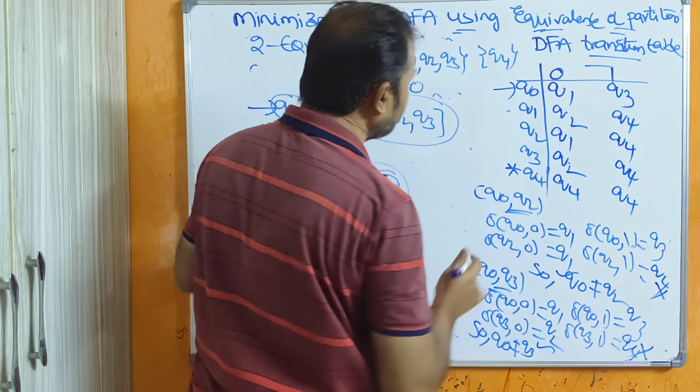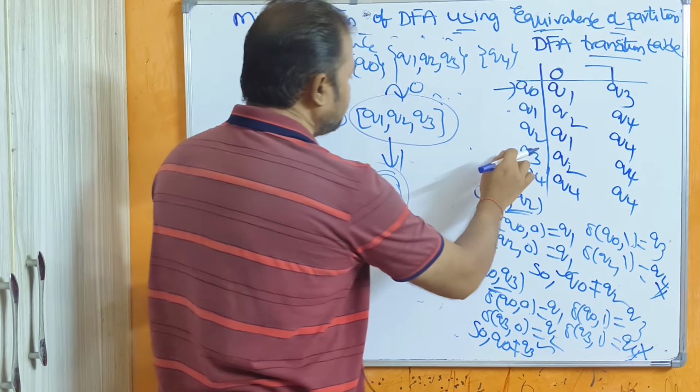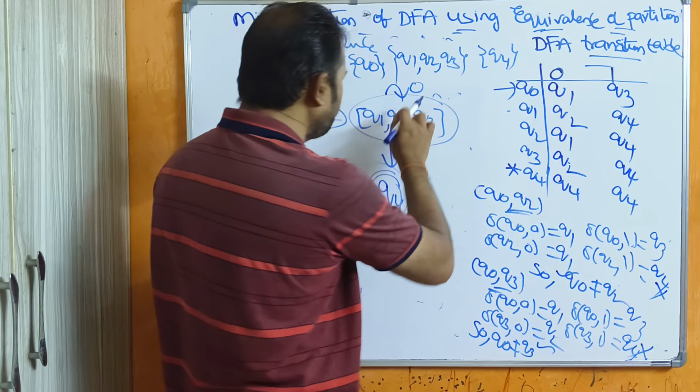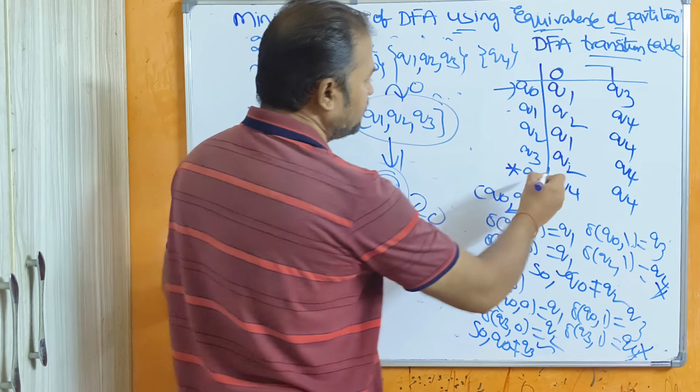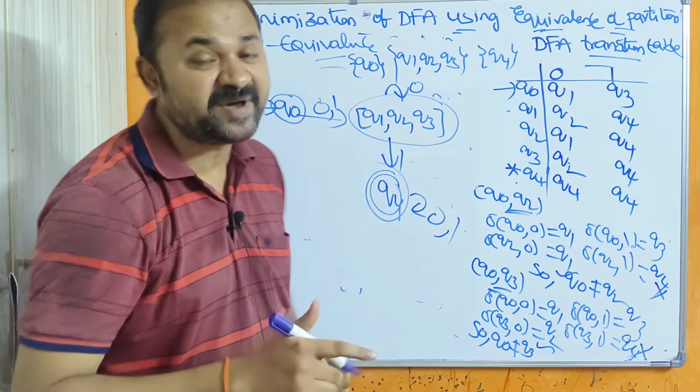Next Q2 on 0, Q1, self loop, same only. Q2 on 1, Q4. Next Q3 on 0, Q2. Next Q3 on 1, Q4. Next Q4 on 0, Q4. Q4 on 1, Q4. So this is the minimized DFA.